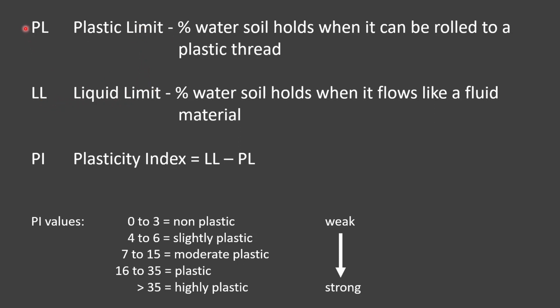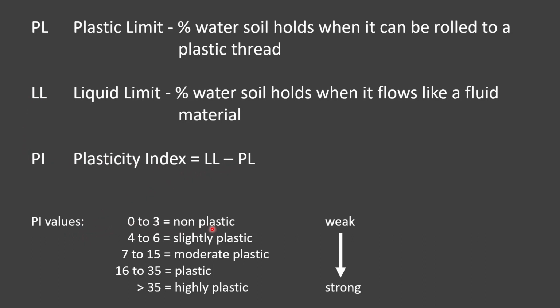Once you know the PL and the LL of a soil, you can determine its index number or the plasticity index, and it's simply the liquid limit number minus the plastic limit number. These PI values down here, these are approximate ranges that give you a general classification of that soil. If you have a low PI, a low index number, you have a non-plastic soil. So basically you have sand.